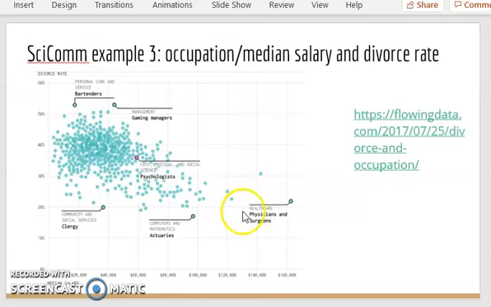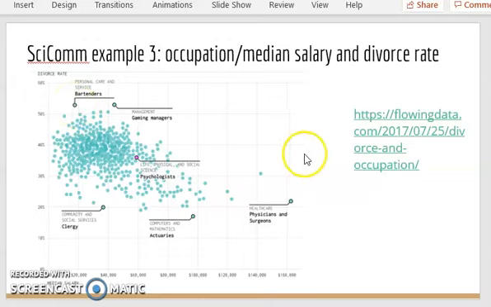So the more money that's made, we tend to see a lower divorce rate. Of course, we've got some cases where they don't quite fit that. One exception is clergy, and that kind of makes sense. Another one that's kind of out there is bartenders, which I guess could make sense too.